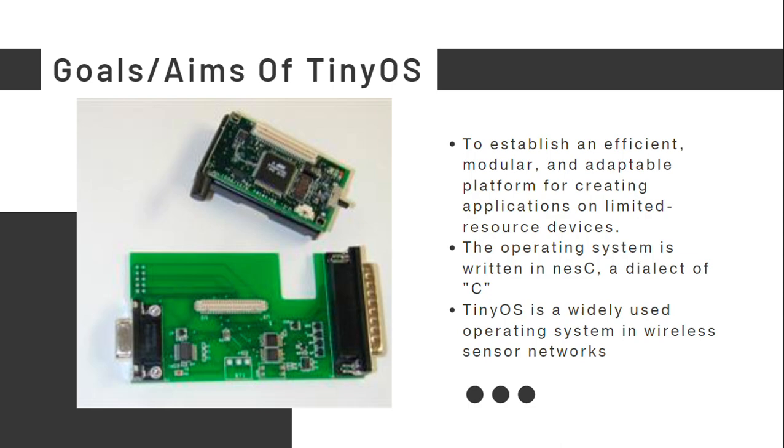The operating system is written in a dialect of the C language designed exclusively for TinyOS to provide better support for its unique features and requirements. Because of its effectiveness and lightweight architecture, TinyOS is a widely used operating system in wireless sensor networks.